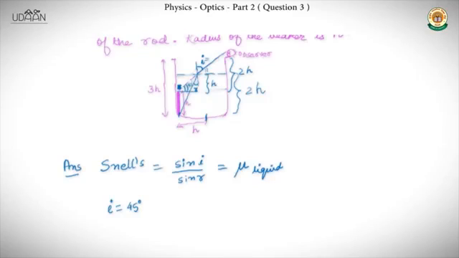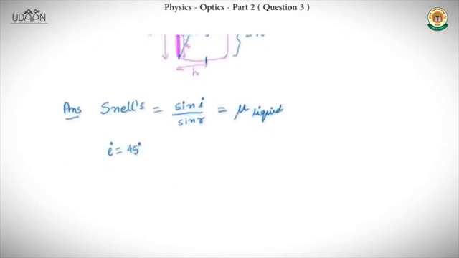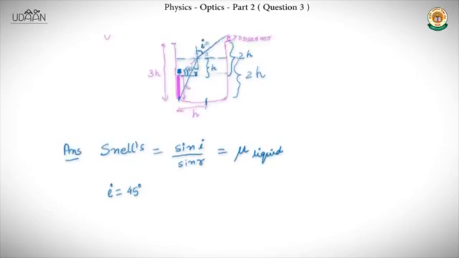Now for calculating R, for calculating sine R we need to know the perpendicular length and the hypotenuse. So now we consider this triangle. In this, the perpendicular length is h and the hypotenuse is this.